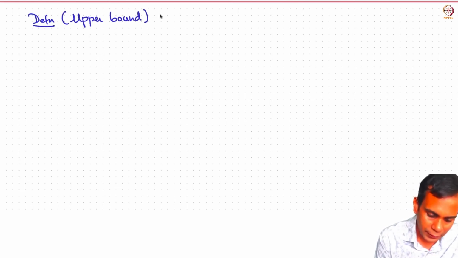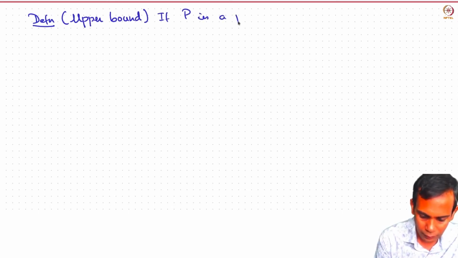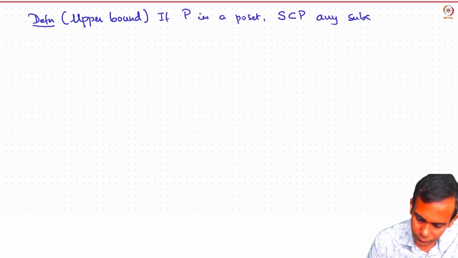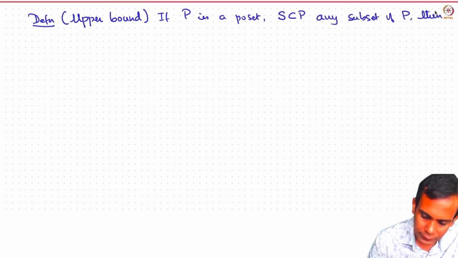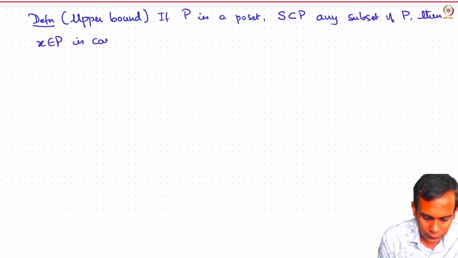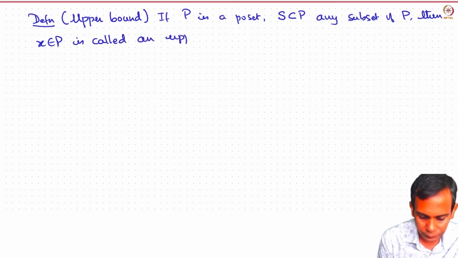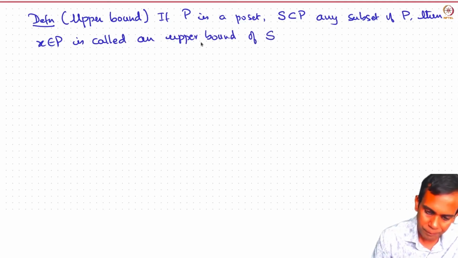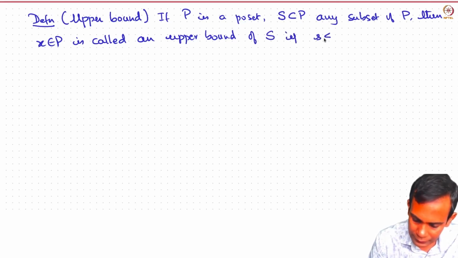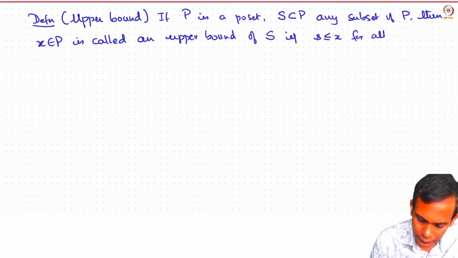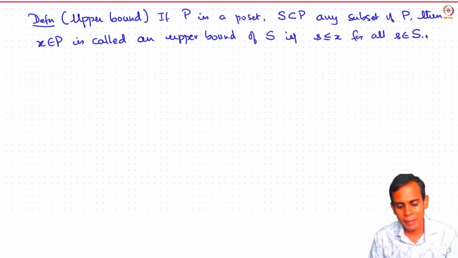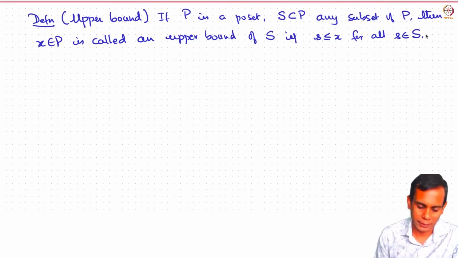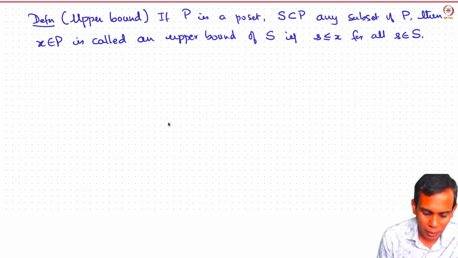If P is a partially ordered set, and S is any subset of P, then an element x belongs to P is called an upper bound of S if s is less than or equal to x for all s in S. So this element x is an upper bound for S, means that it bounds every element of S. So that explains upper bound.